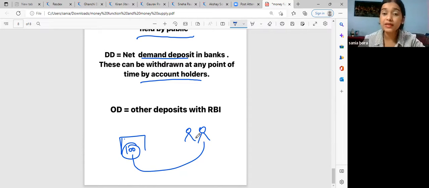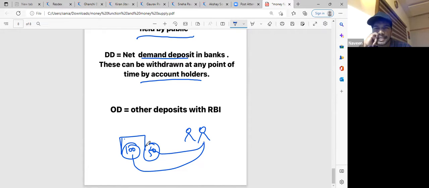Next day, you wanted 50 rupees. You requested me, ma'am, I'm not well, can you please go to my bank and withdraw 50 rupees so that I can use them? I said okay Naveen, and I went to your bank and asked them to give me 50 rupees from your account, but they said no, they won't give it to me. Can you tell me the reason why they did so?